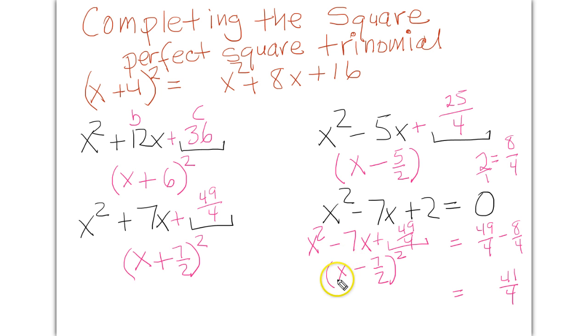And now I have a binomial that's squared, and it equals this. Well, we said that if we want to get rid of something that's raised to the second power, if we took the square root of that, this will become just the radicand.